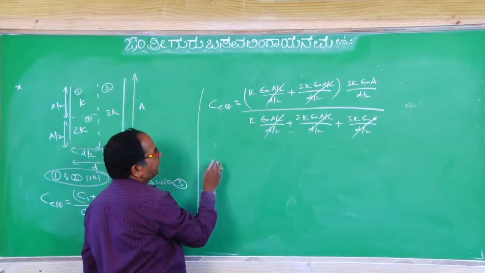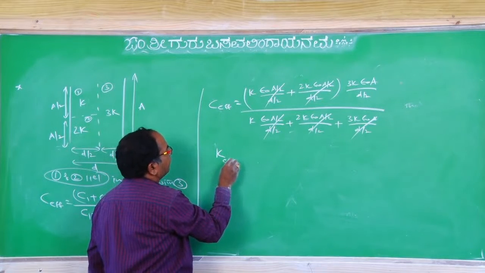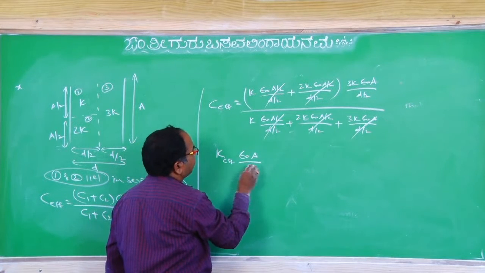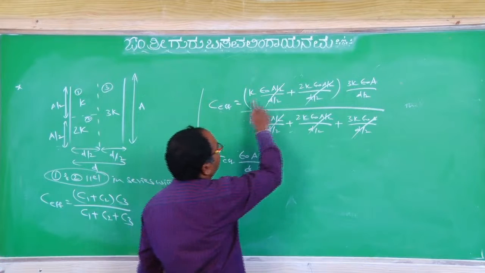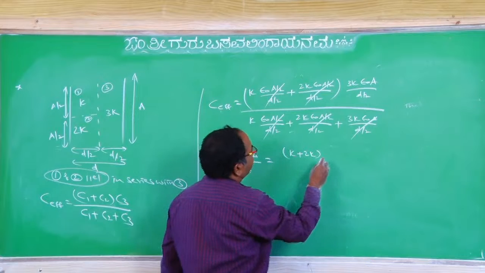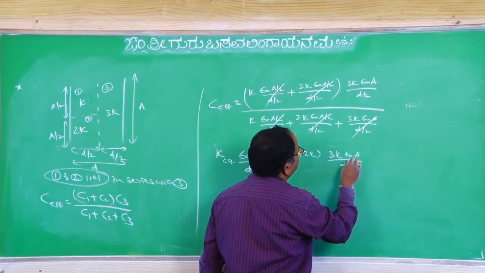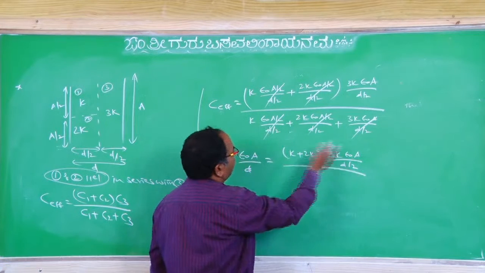So, C effective, how do you write it? K effective epsilon naught A by D is equal to, here, K plus 2K into 3K epsilon naught A by D by 2, divided by all cancel.